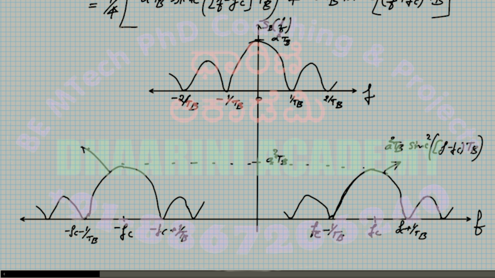Similarly, this waveform is A square TB times sinc square of F plus FC times TB. So this is the PSD of BPSK modulation.